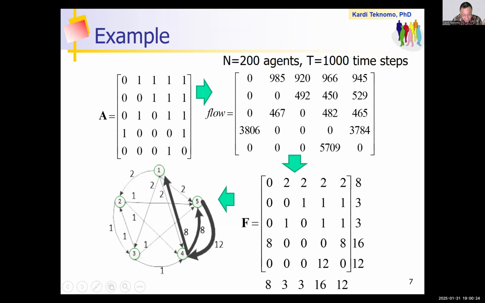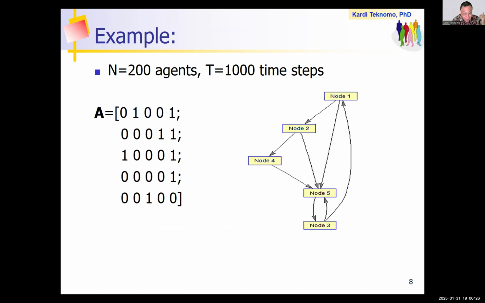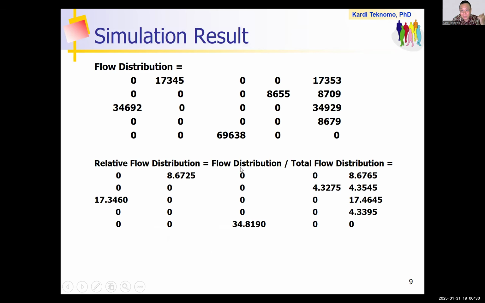So I ran another random network, and I got, for example, this flow distribution. Then I divide by, instead of the minimum, the total flow. You see, it's almost 2 times here. This is like 2 times of that. And 4 and 8 is like 2 times also.